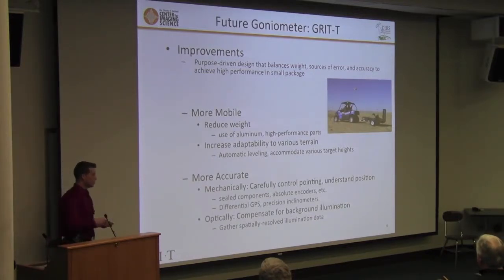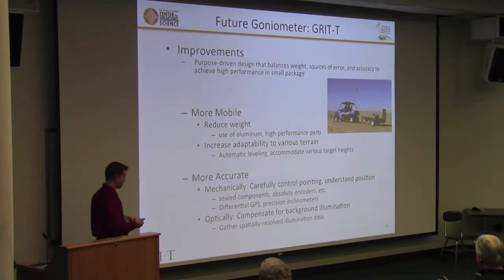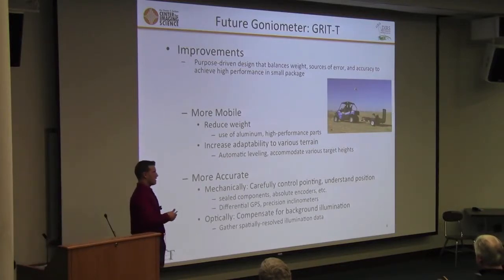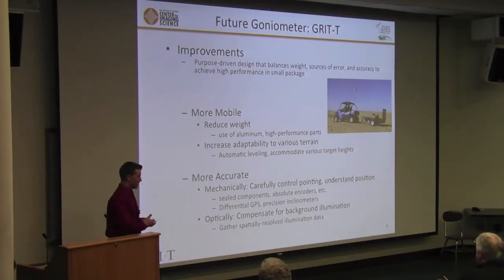We also wanted something that was more accurate, both mechanically and optically. So mechanically might not seem like that big of a deal, but again, if you put this in the context of very high temperatures, blowing sand, sometimes torrential downpours that happen when you don't expect because you're on the coast somewhere, or wind, it can become a big issue.